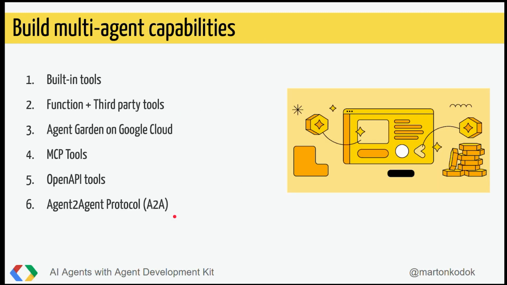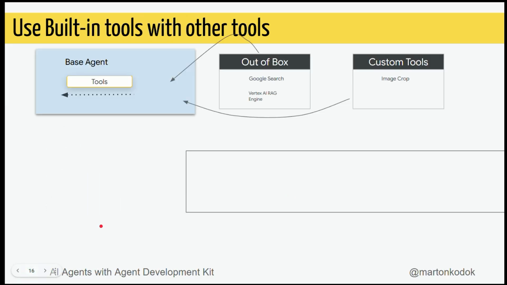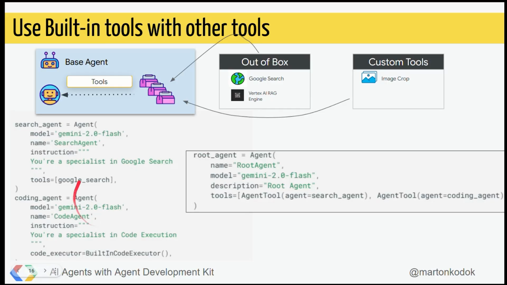Once you get going, you get to use all the framework functionalities, and I already mentioned briefly built-in tools, function tools, agent garden capabilities, MCP, OpenAPI tools, agent-to-agent protocol, and so on. What are the built-in tools? These built-in tools are evolving, but the most essential is the Google search tool, which is an out-of-the-box capability.